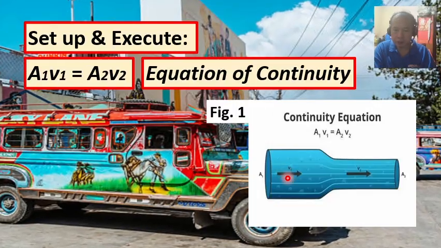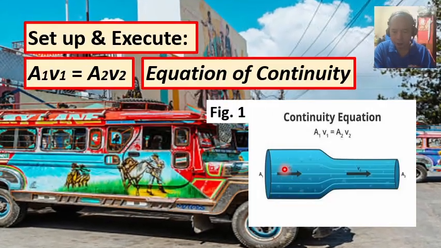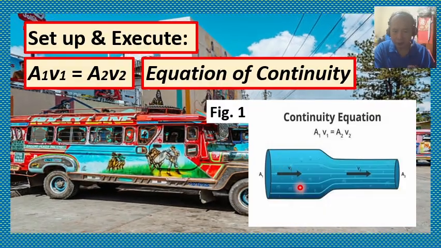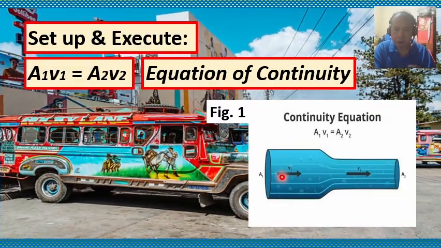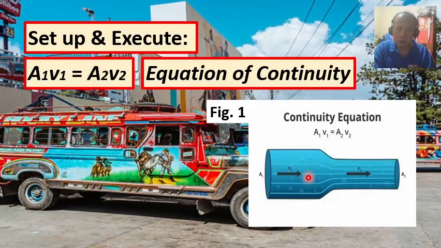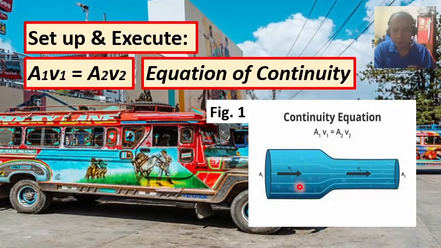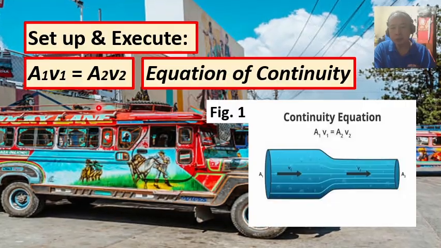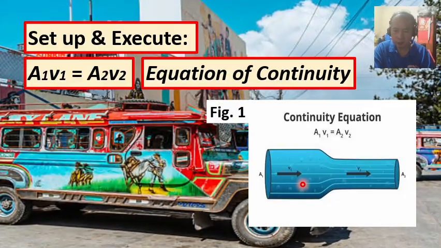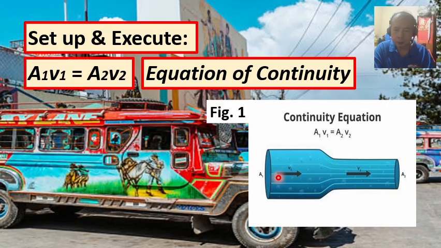It follows that the bigger the diameter, the bigger is the cross-sectional area. So if that is capital A sub 1, V sub 1 pertains to the water flow speed at this point of the pipe.